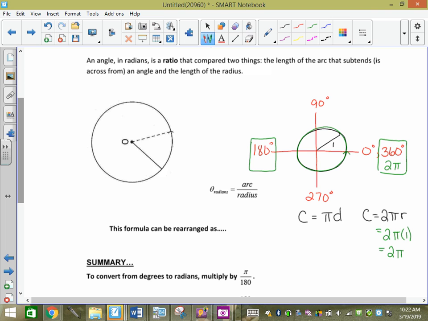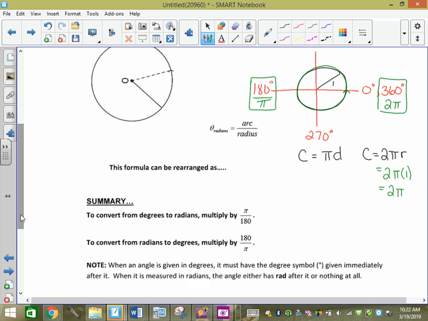Just pi. So 180 and pi are besties. Okay? So if we want to convert anything, we're going to use pi over 180, or we're going to use 180 over pi, depending on if we're going from degrees to radians or from radians to degrees. Okay? So this is the key thing here.